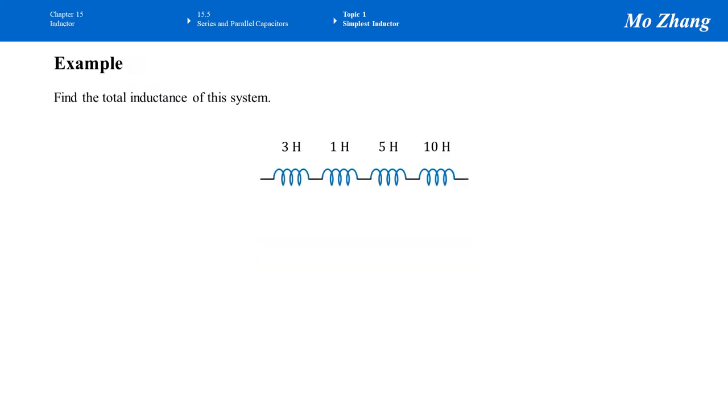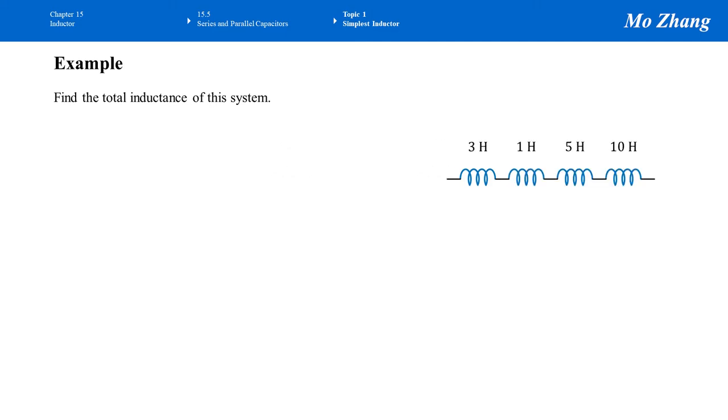Let's work on this example. There are 4 inductors connected in series in this circuit. The first one has a value of 3 Henry, and then 1 Henry, 5 Henry, and the last inductor has a value of 10 Henry. What is the total inductance of this system? Put the circuit to the side, and then we can apply that formula.